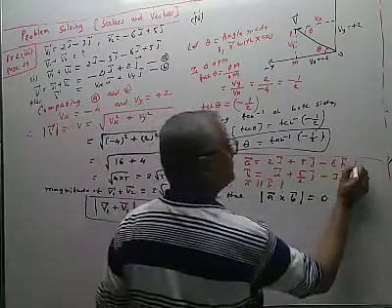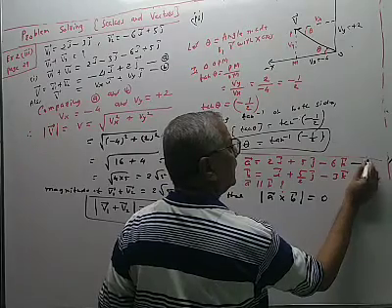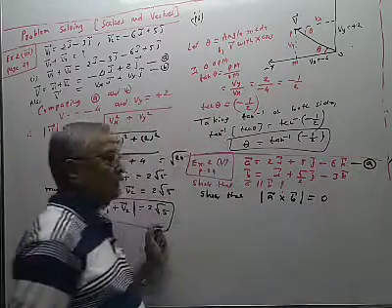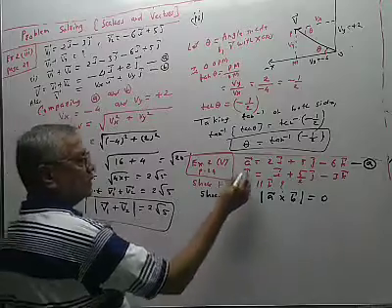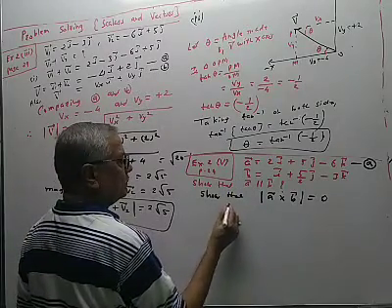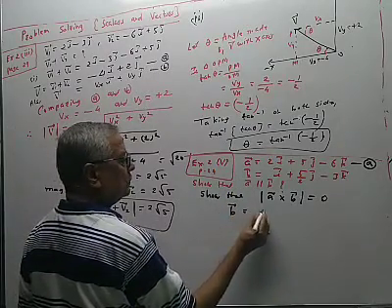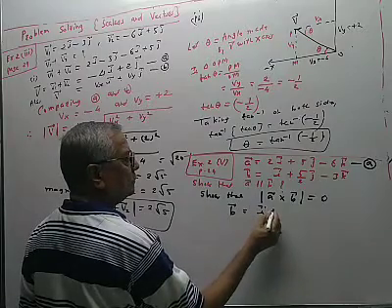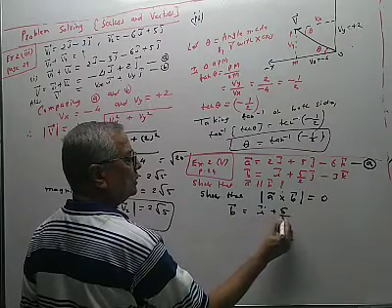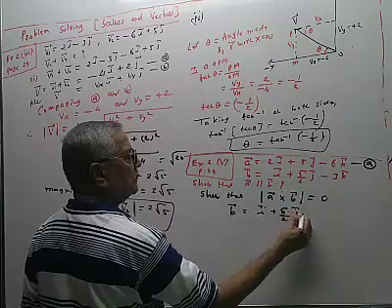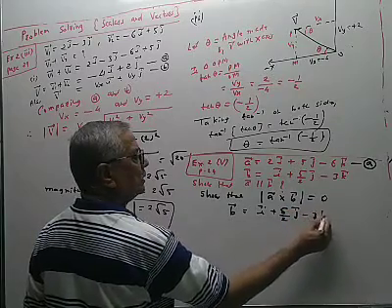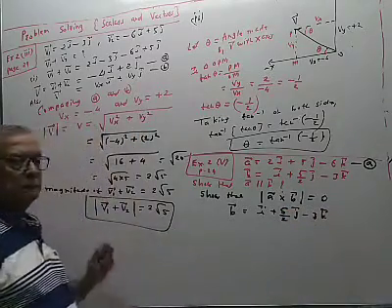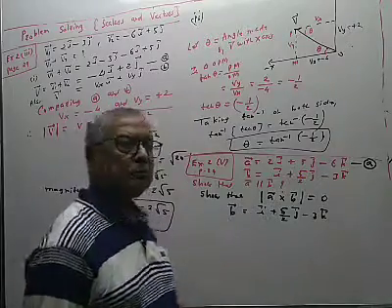So this is equation A. Now I will repeat this equation. B is equal to I plus 5 by 2 J minus 3K. Multiply both sides by 2.